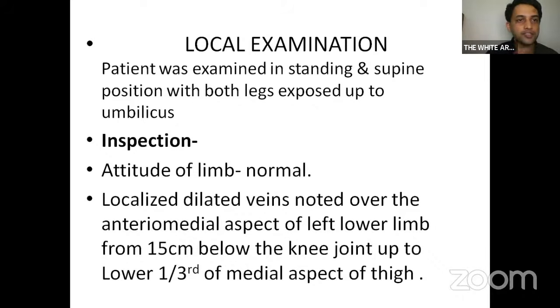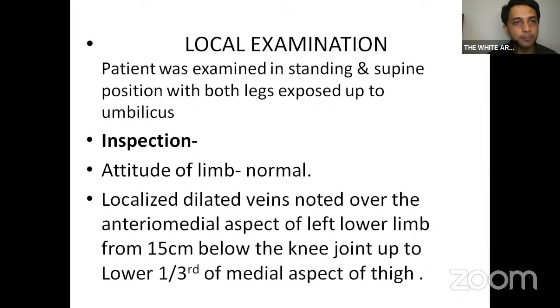How do we differentiate other than the color? Palpate the distal pulses. In alba dolens, pulses are palpable, whereas in cerulea dolens you cannot palpate them because of the gangrene. So that's how we differentiate.